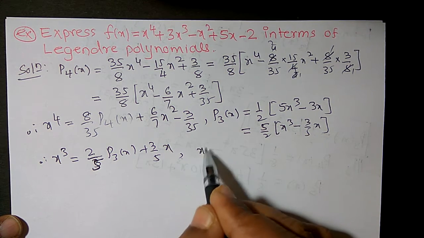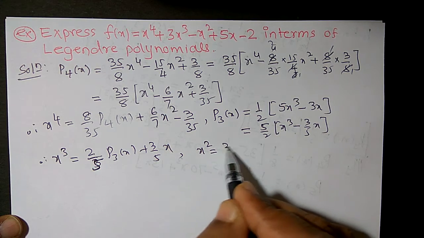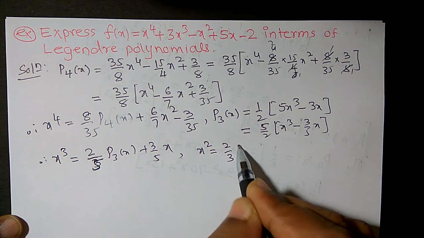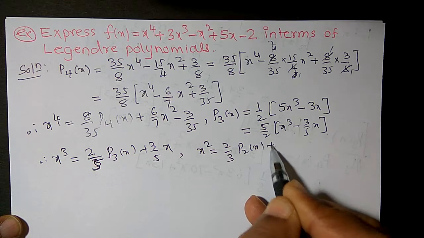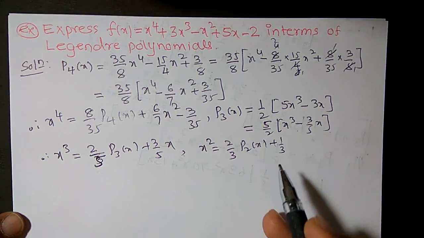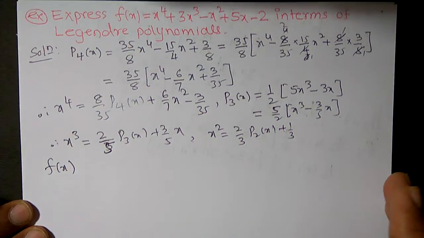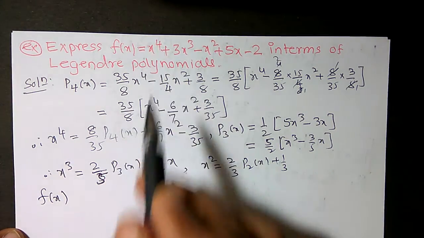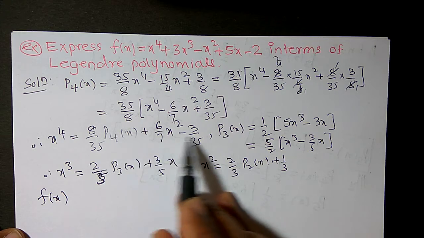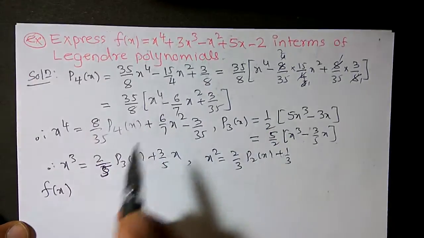Similarly, you can obtain x^2 = 2/3 P2(x) + 1/3. So f(x) is given as x^4 + 3x^3 - x^2 + 5x - 2. Now I want to substitute the value of x^4 in this equation.